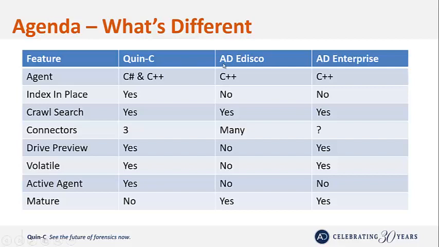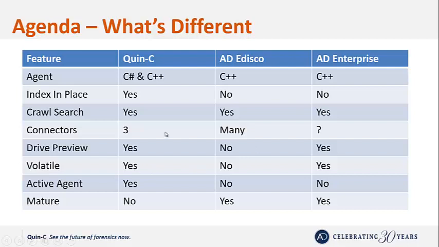If I wanted to put a comprehensive list of things together that each product had, AD eDiscovery and AD Enterprise would have a huge list, whereas Quincy would have quite a small one. So my point is not to highlight that these solutions are comparable and that Quincy has things these other solutions don't. My point is simply to highlight some longer term fundamental differences so you can better understand where we're going with Quincy.